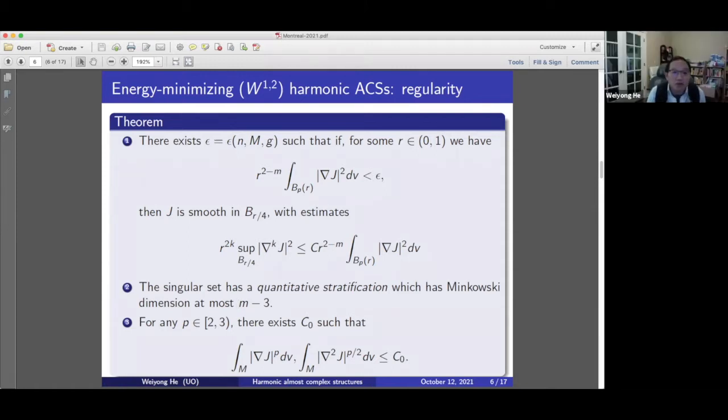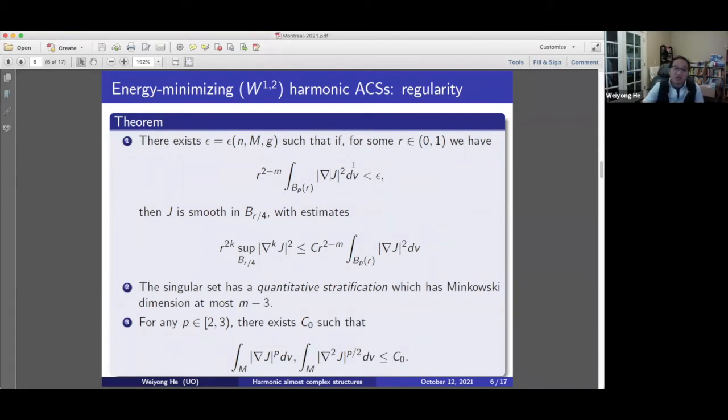So now we're trying to talk about the energy minimizing harmonic almost complex structures, this regularity theory. Basically the statement here is purely parallel to the theory in harmonic maps. The first one is this partial regularity, saying that if we have a small scaling invariant energy in a ball, this ball being a fixed ball since the metric is fixed in this setting.